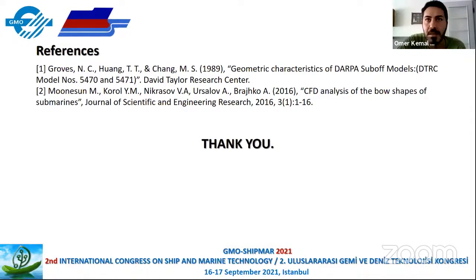A better study, I think, would include some seakeeping or maneuvering analysis of the original and the optimized forms. I can also see that we are losing some space, some displacement, right? Yes. So you may also think of keeping the displacement constant when optimizing your form.